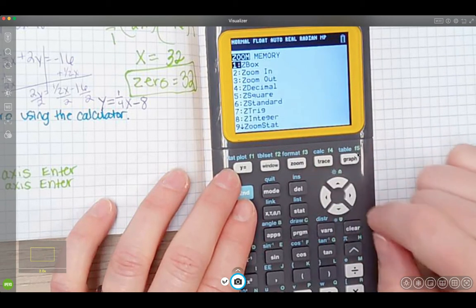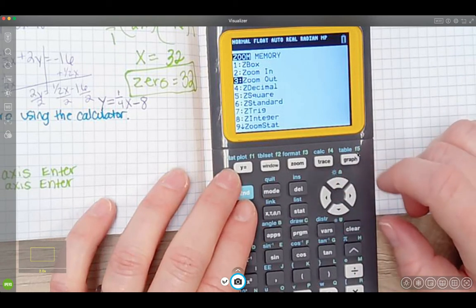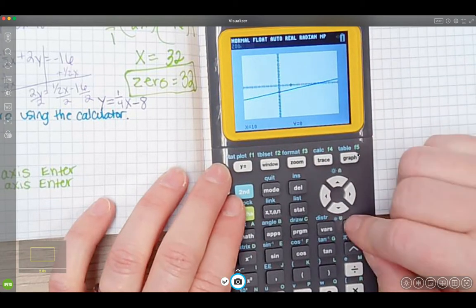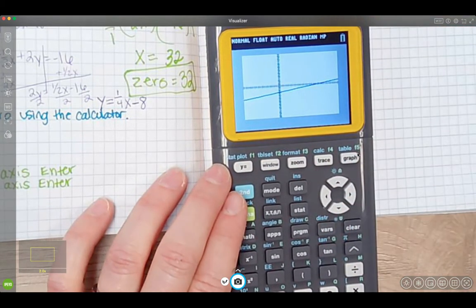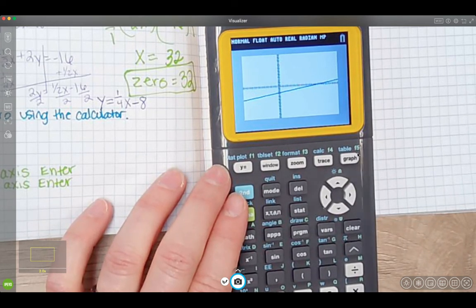I went to zoom number 3. And then whenever it gave me my cursor, I moved over to the right side so that I could see my intercept better. If you have to, zoom out again so that you can see it.